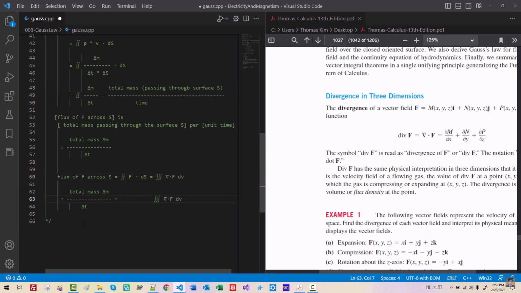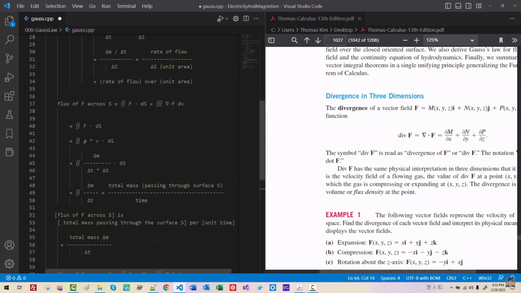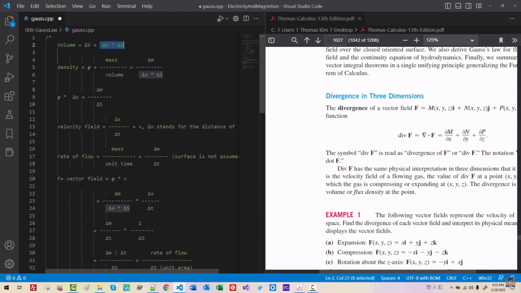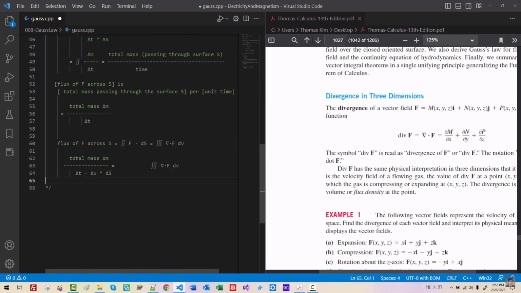From here we will multiply by volume. We defined volume like this, delta x times delta s. We will also divide like this. So I multiplied the volume on the left hand side and on the right hand side.